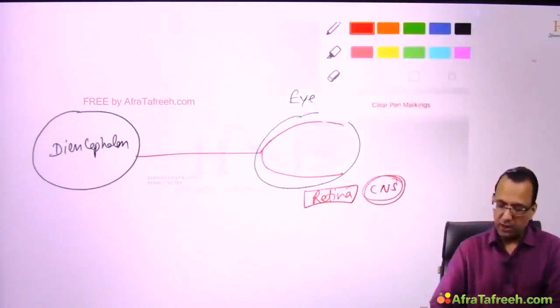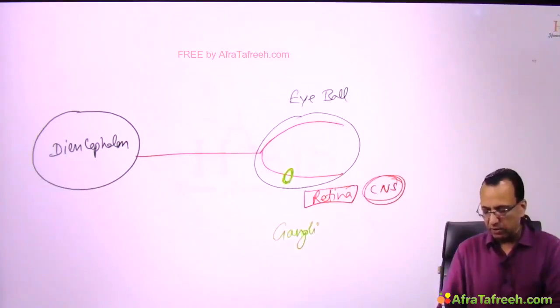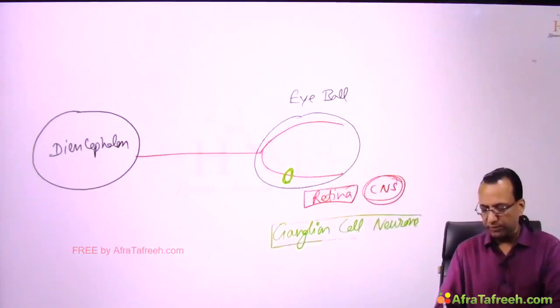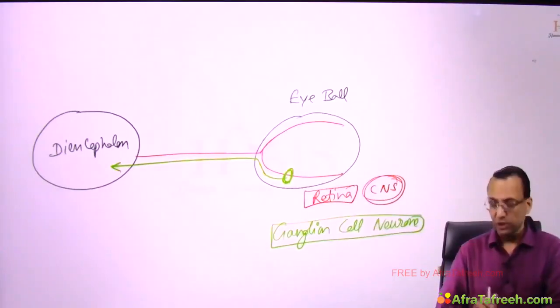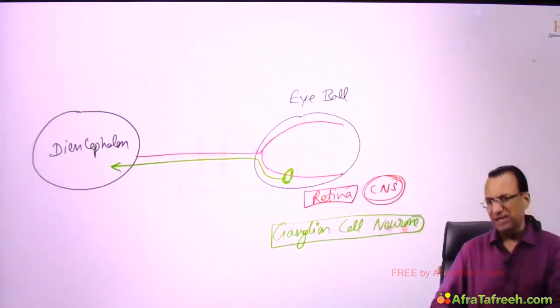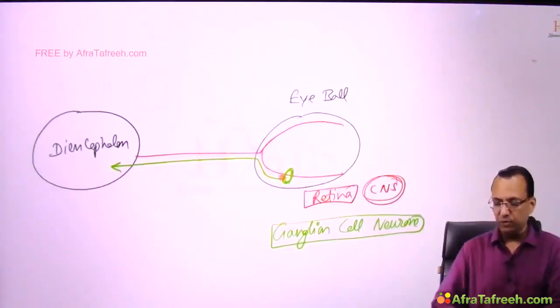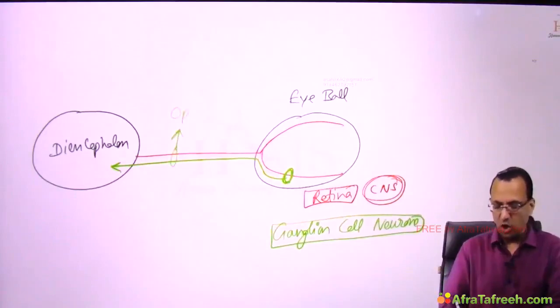Now, in the retina, you find a cell called the ganglion cell neuron. That ganglion cell neuron is collecting some visual information, and that visual information is being carried towards the brain by some axons. This collection of axons is making the optic nerve.